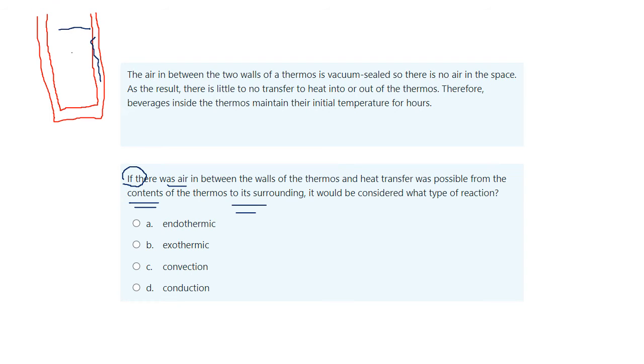So from the content to the surrounding, the energy is going out of the thermos. When energy goes out, it exits. And we know that exiting is the same as exothermic. So the thermos flask would be losing energy because the energy would be going out of the thermos. So exothermic.